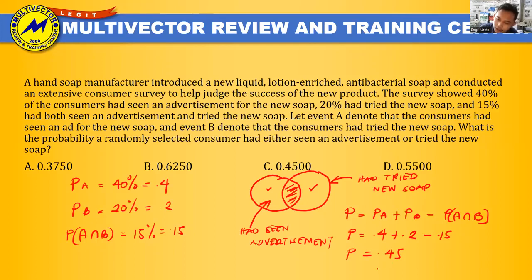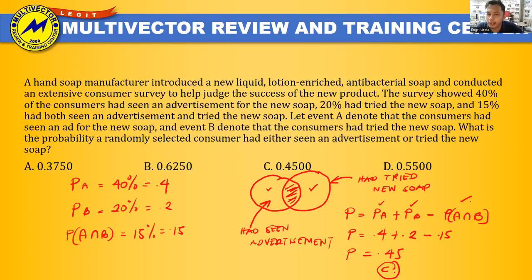Okay, so letter. Okay, so tatandaan natin yung A. Okay, ito lang yung mga nakakita nung advertisement. Yung B naman sir, ito yung mga gumamit ng soap pero hindi pa nila nakikita yung advertisement. Okay, yung probability ng A and B naman daw is probability na nakita nila yung advertisement and ginamit nila yung soap.